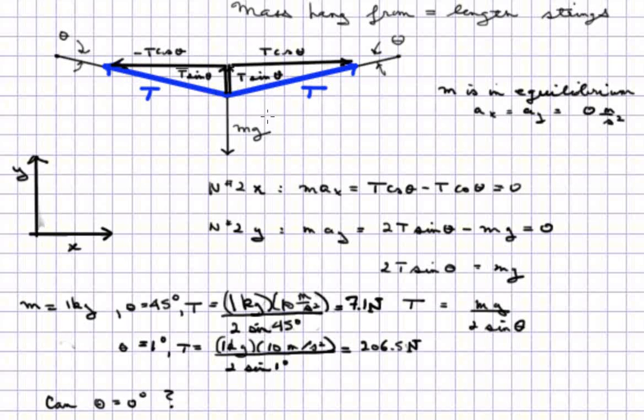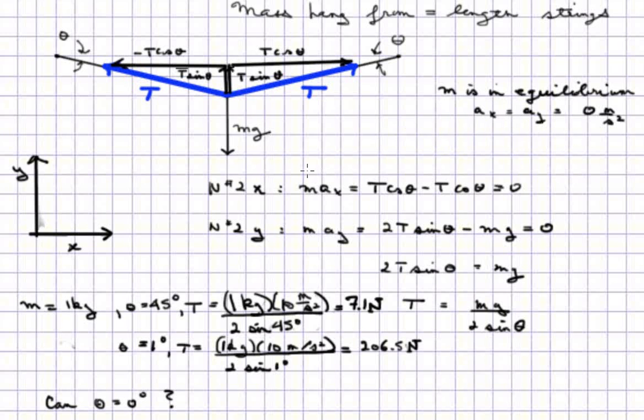And I am going to take the T vector that goes upwards and to the right, that represents the tension in the rightward string, and break that into a T cosine theta in the horizontal direction and a T sine theta in the vertical direction. Since m is in equilibrium, all of these forces have to add to 0, and the accelerations, both a sub x and a sub y, are 0.